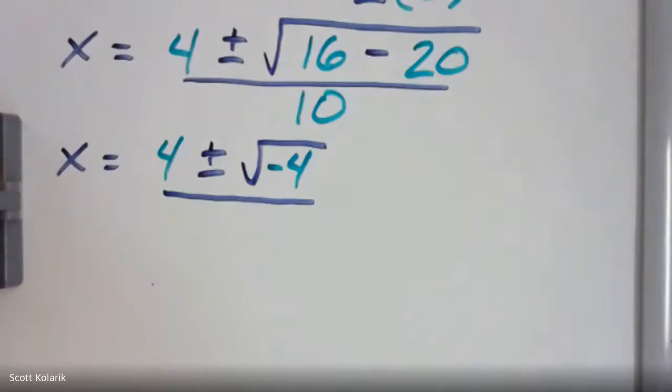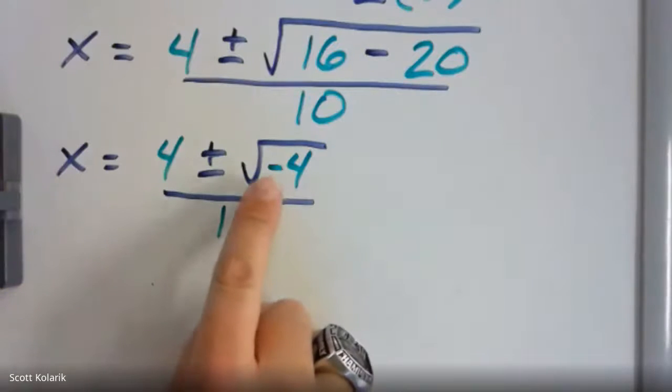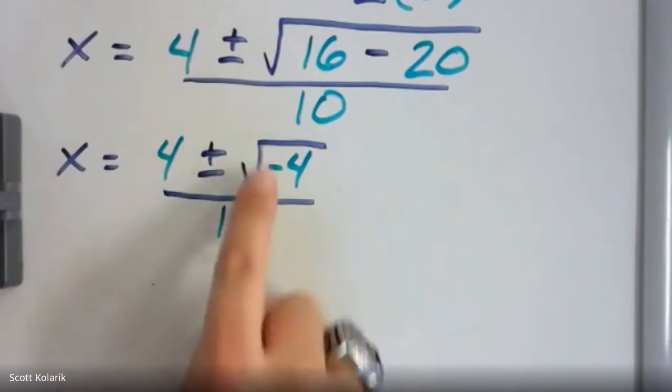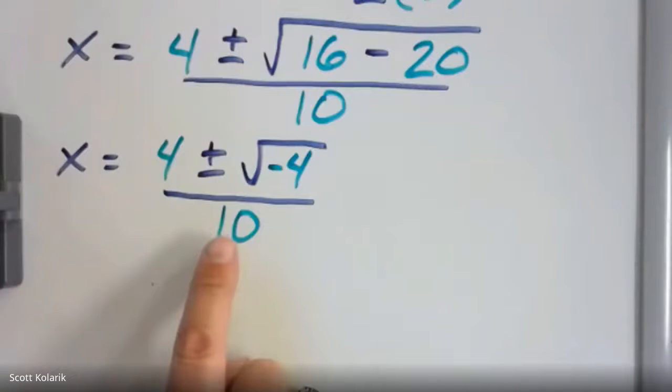Okay, so for the record, in section 5, when we talked first about applying the quadratic formula, if we ever got a negative value underneath the radical, we got the following result. We would get no real solutions. And that's still true here. There are no real solutions in this case.